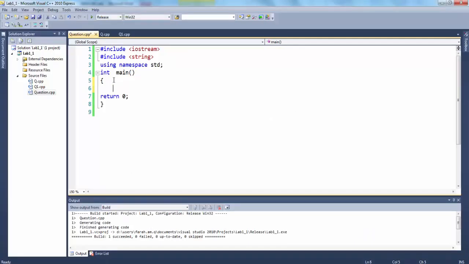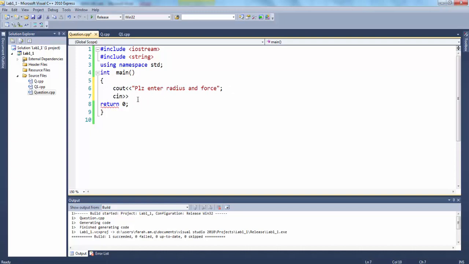So we said first that we are going to display a message for the user. It means using cout. And the message: please enter radius and force. Now I will read the inputs, which are the radius and the force, using the object cin.